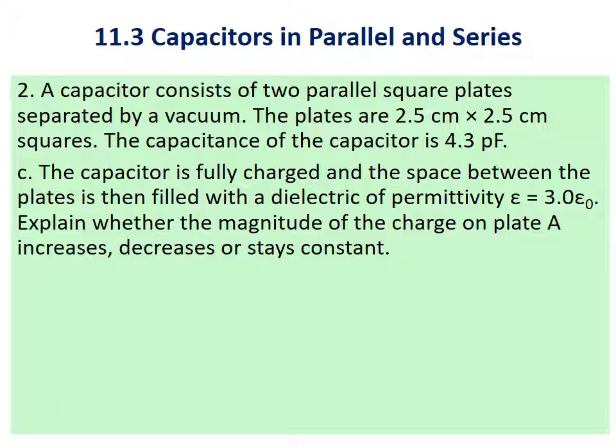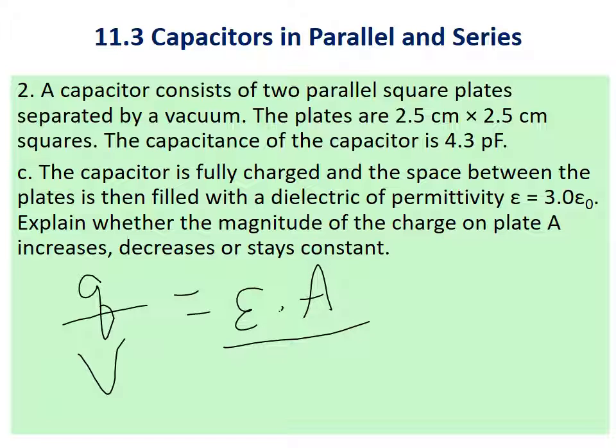So we're going to have to analyze these two equations. Q over V equals epsilon times A divided by D. Okay, and I just multiply by V on both sides, so this cancels, so we can figure out what happens to the charge Q. This epsilon has tripled.